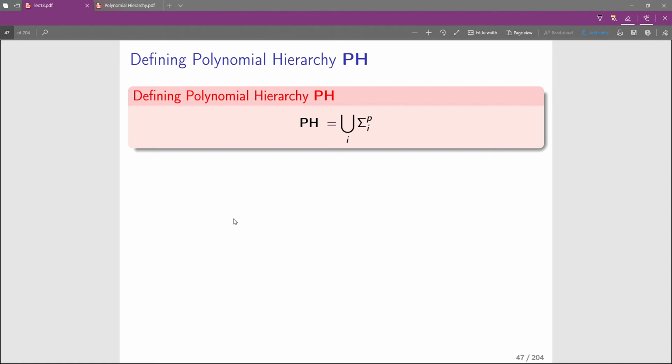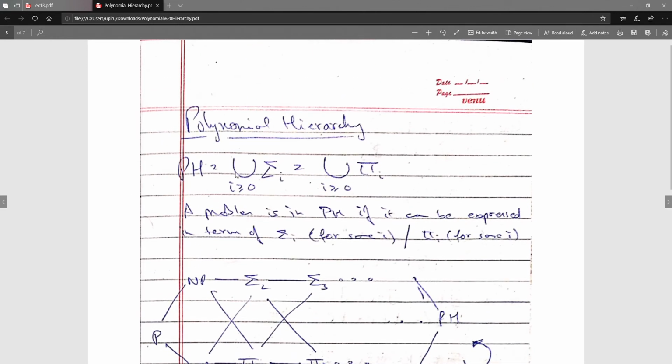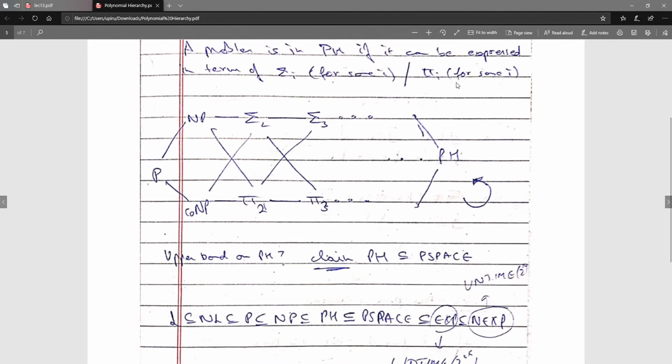So PH is the union over all sigma I's and also the union over all product I's. So the problem is in PH if it can be expressed in terms of sigma I or product I for some I.